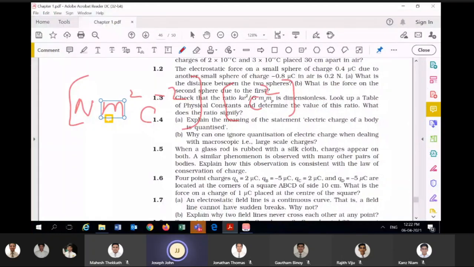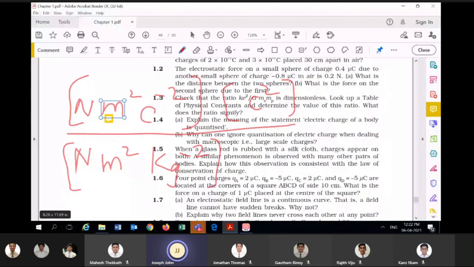Divided by G value, remember? Nm squared kg minus 2. Then mass M E, M P is kilogram into kilogram. Can you cancel the units? Everything will cancel, I think, isn't it? Okay, everything will cancel. Yeah, C squared C minus 2 will cancel.